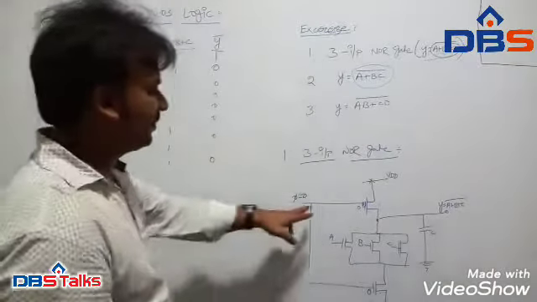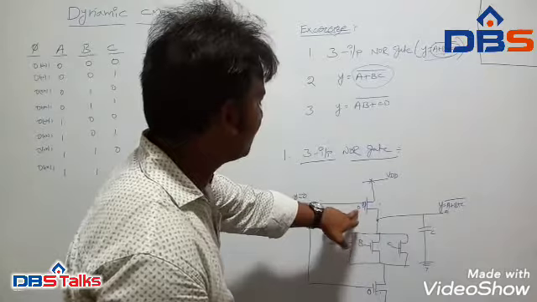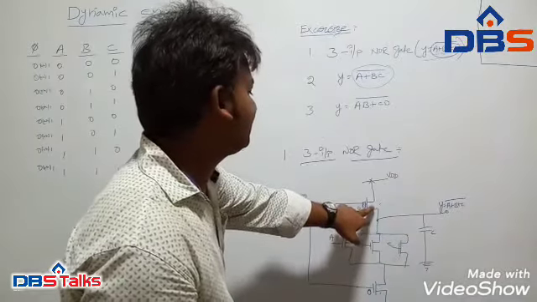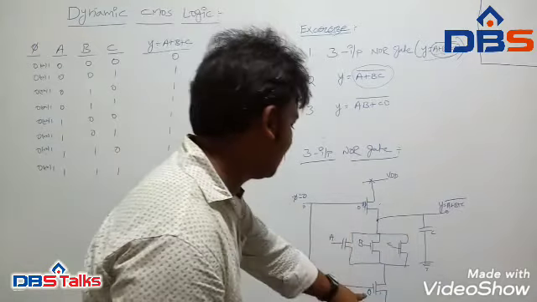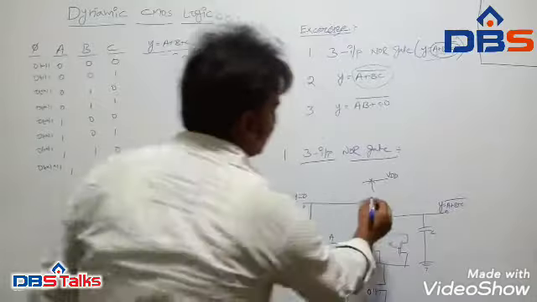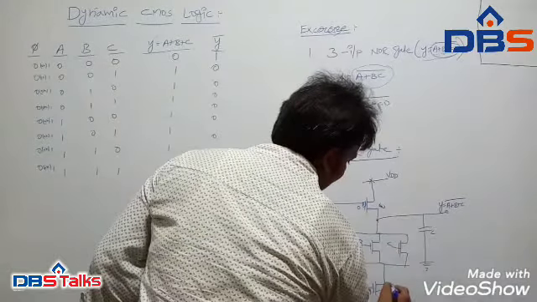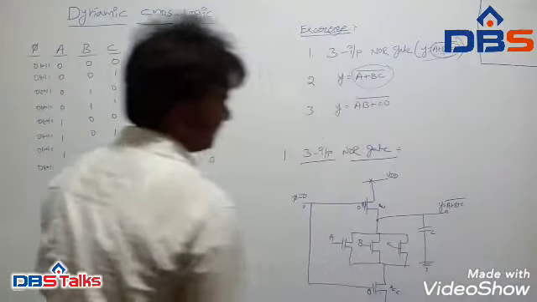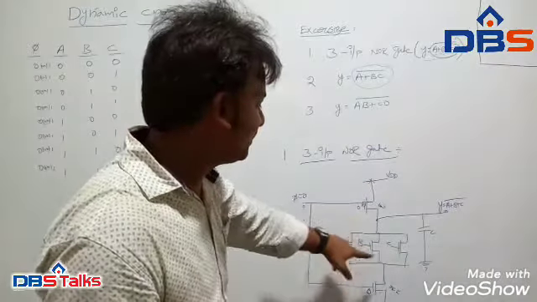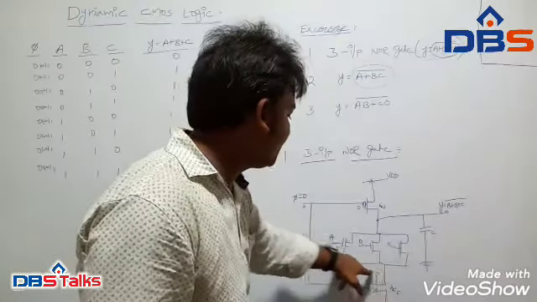So both the transistors have the input 0 logic. At that time the p-type transistor is in 0 condition and the n-type transistor is also 0. So this will be an on switch and this will be an off switch. That means it creates a conducting path between VDD and the next logic, and it will be terminated.